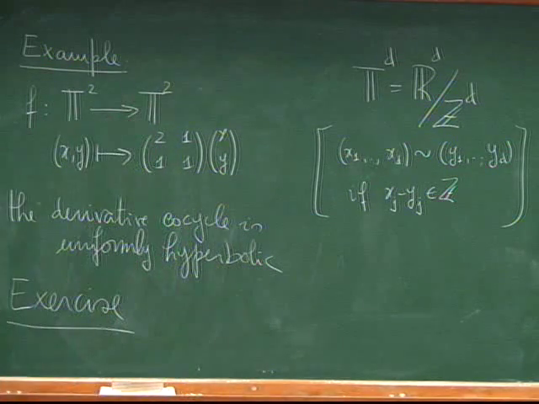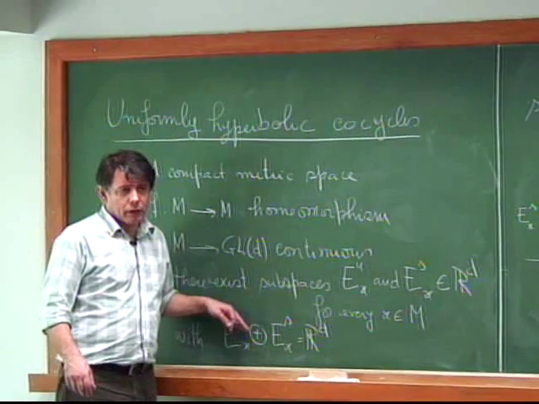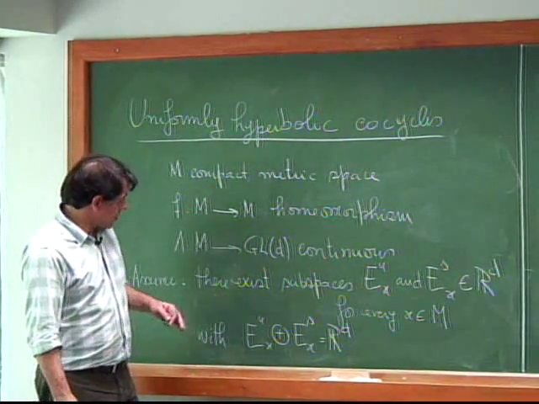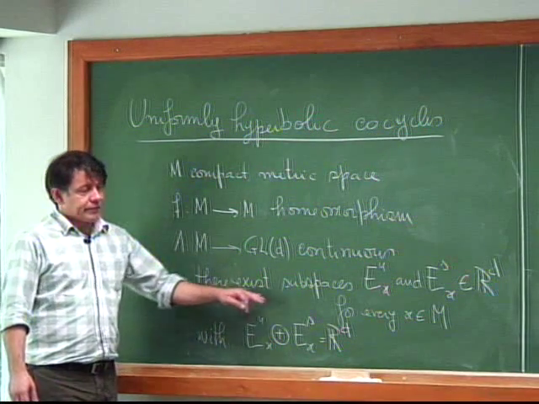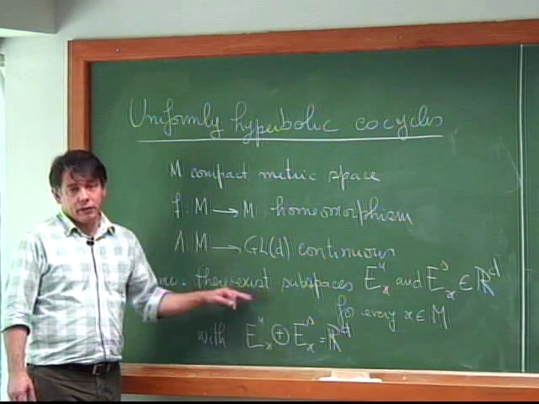The reason it is easy is that when you want to prove that a certain cocycle is hyperbolic, the main difficulty is that the definition says there exist subspaces. The main difficulty is to find these subspaces.